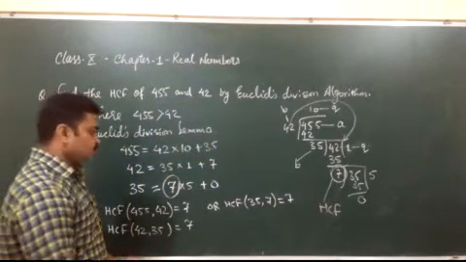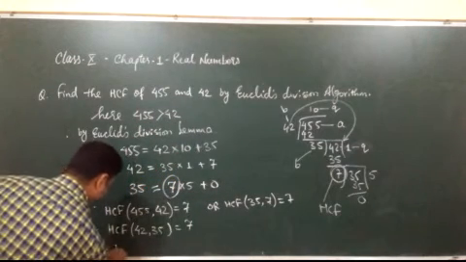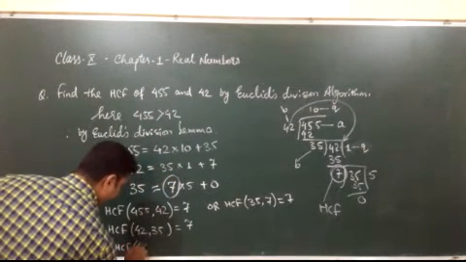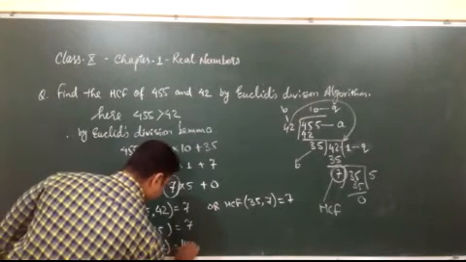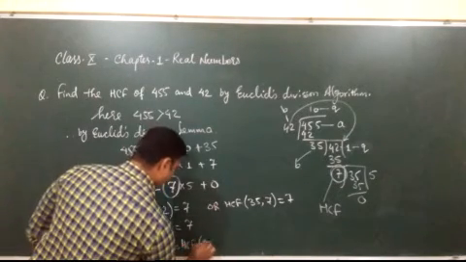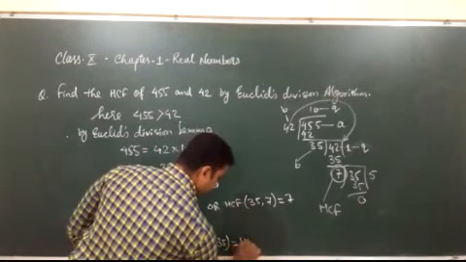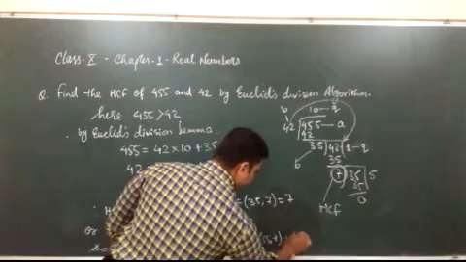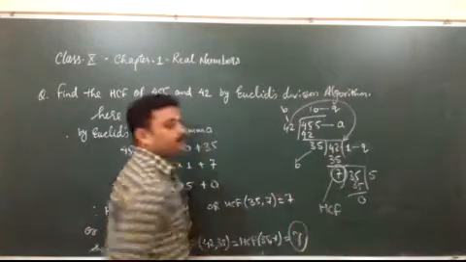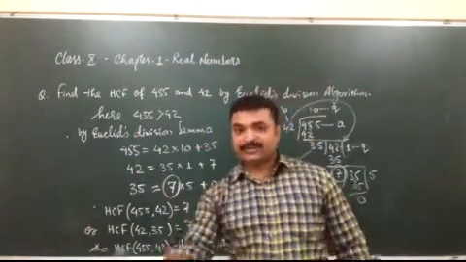Got it? So we can write that the HCF of 455 and 42 is equal to the HCF of 42 and 35, is equal to the HCF of 35 and 7, is equal to 7. Clear? We will proceed to the next question.